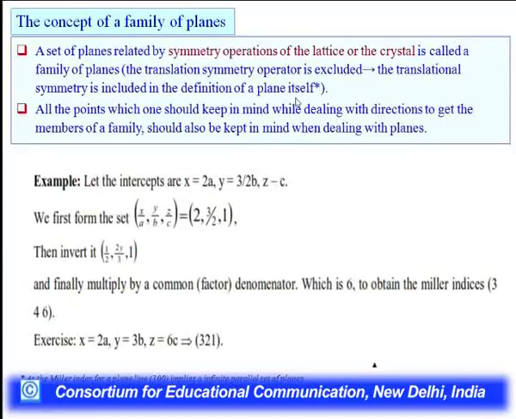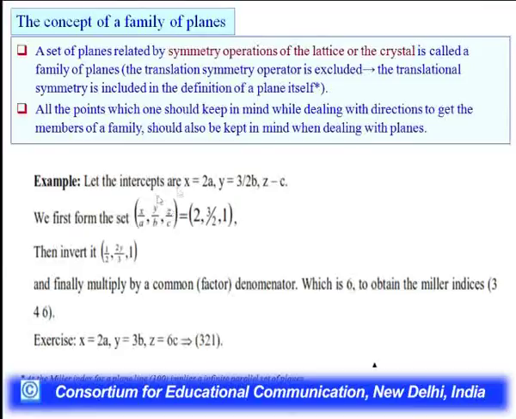It means if we define a single plane, then we define the translation vector, but here we are taking the family of planes. One should keep in mind while dealing with directions to get the members of the family that we have to note whether we are just working in the positive direction, or we are having the negative axis also.